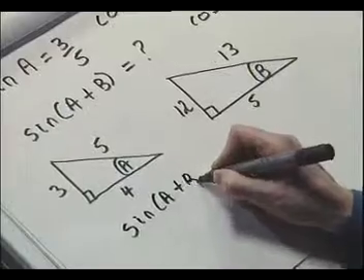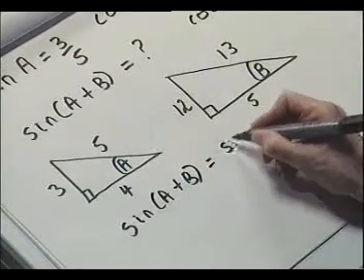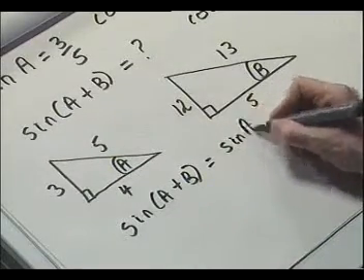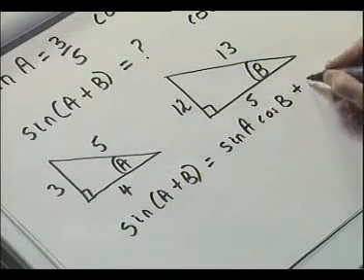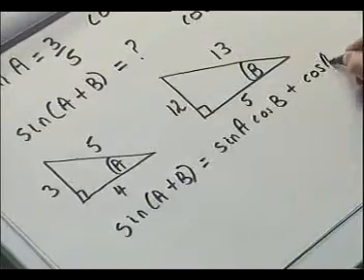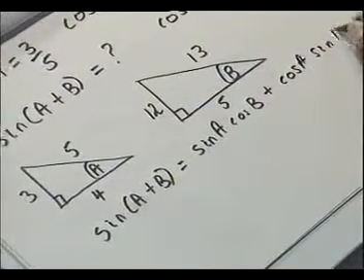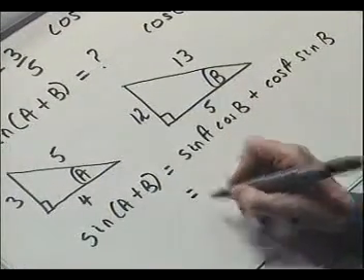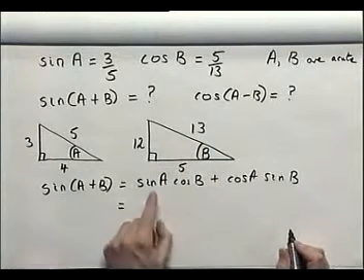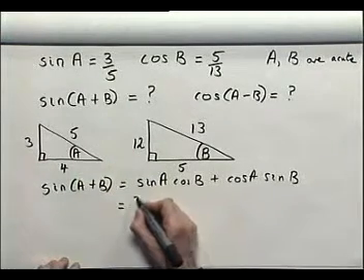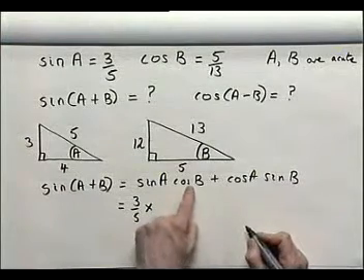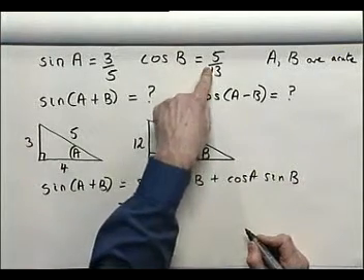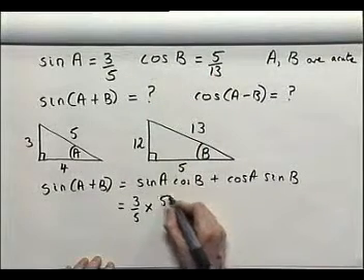Sine of A plus B. The addition formula tells us this is sine A cos B plus cos A sine B equals sine A, we know is 3/5, times cos B. And we know that one, it's 5/13.